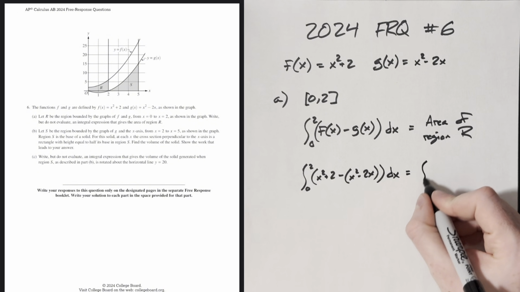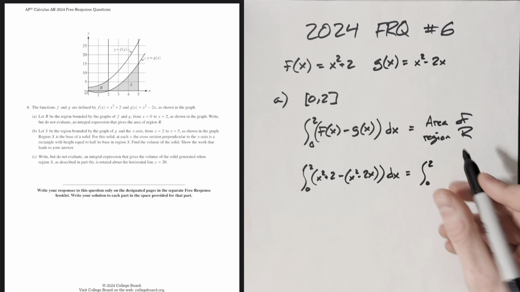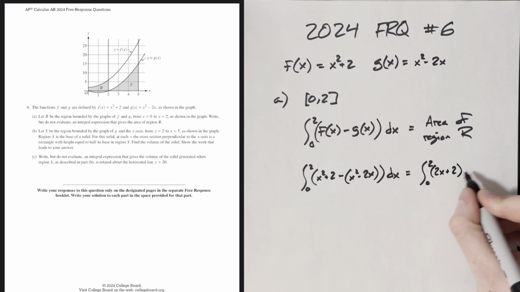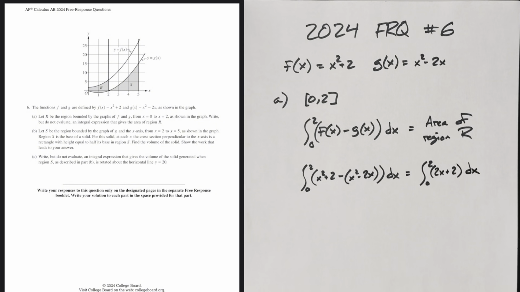That would give us the integral from 0 to 2 of 2x plus 2, which is obviously super solvable, right? But they don't ask us for that. So really, this first integral that takes us like 3 seconds is completely acceptable because they ask us to write but not evaluate. So we are done with part A.